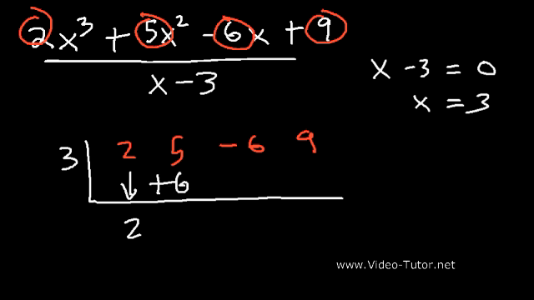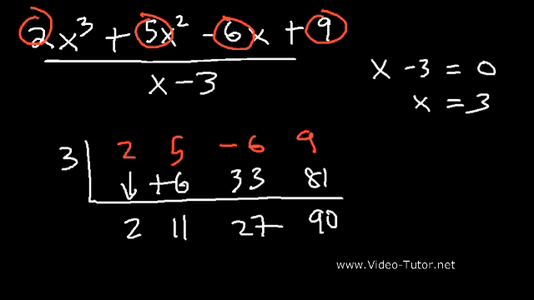So 5 plus 6 is 11, and then multiply 3 and 11. 3 times 11 is 33. Negative 6 plus 33 is 27. And 3 times 27, well, that's 81. 81 plus 9 is 90. So that's how you can divide using synthetic division.